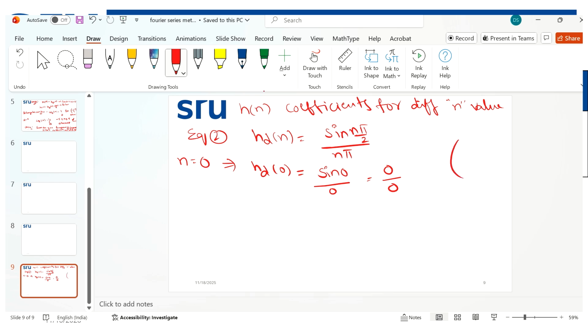Therefore we have to apply the L'Hospital rule. The L'Hospital rule says that limit theta tends to 0, sin n theta by n theta is equal to 1.